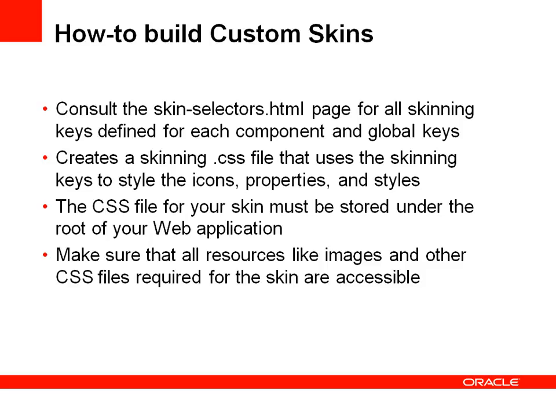It is ordered by the components that we have, plus some global skin selectors, with the selector names next to their uses and some description of how to use them. Same for the label constants. So you definitely want to have this bookmarked in your browser so that when you need to know about the skinning capability of a component, you can easily look it up.